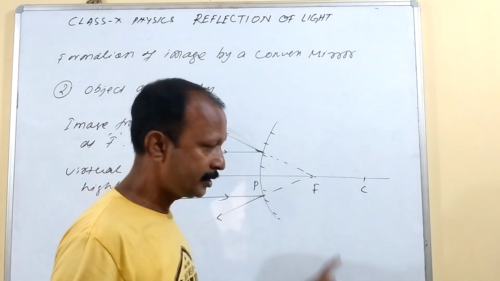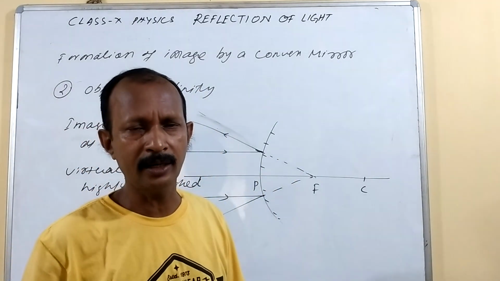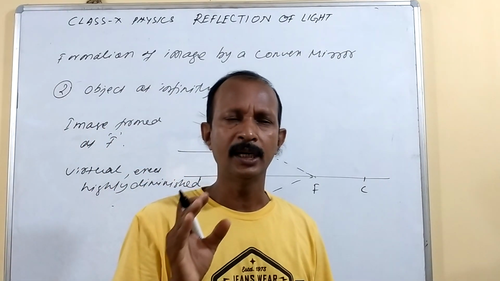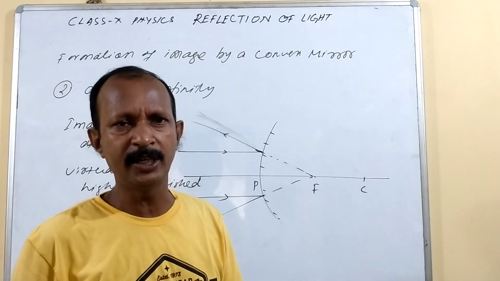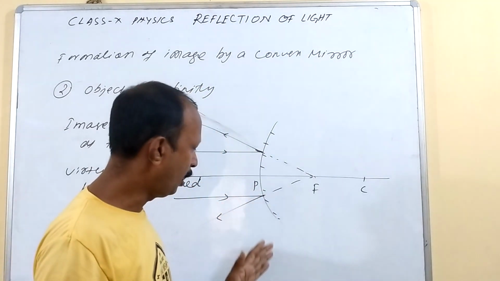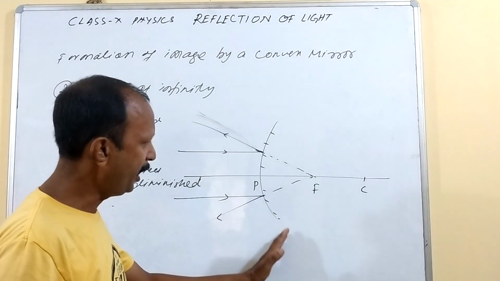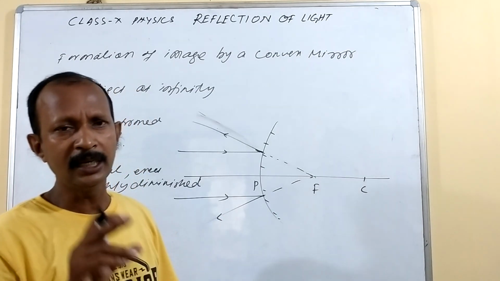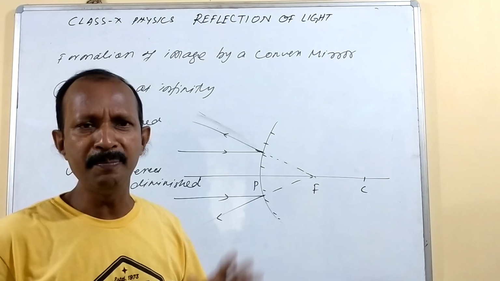So these two cases are there in case of the convex mirror. One case is when the object is between pole and infinity. If the object is between pole and infinity, the image will fall between pole and focus. If the object is at infinity, the image will be formed at the focus. In both cases, images are virtual, erect and diminished in size.